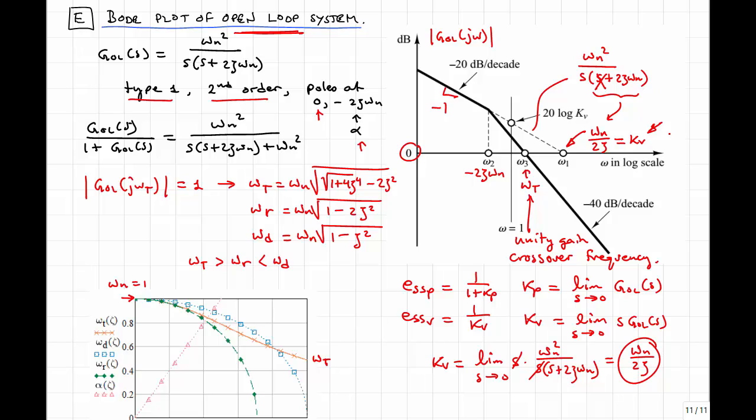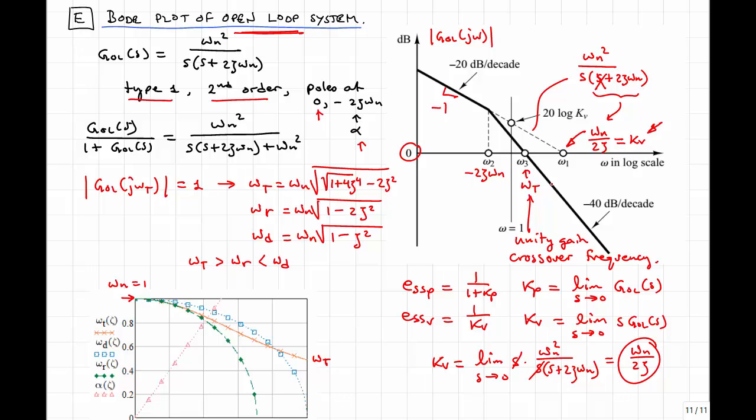So whenever we have an open loop system with a low frequency slope of -1, that means it's a type 1 system, we simply extend that slope to the 0 dB crossing and pick off that frequency, and that frequency is kv.